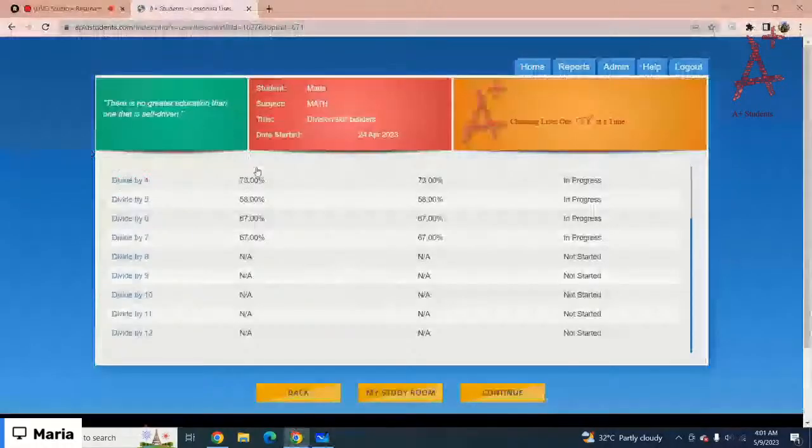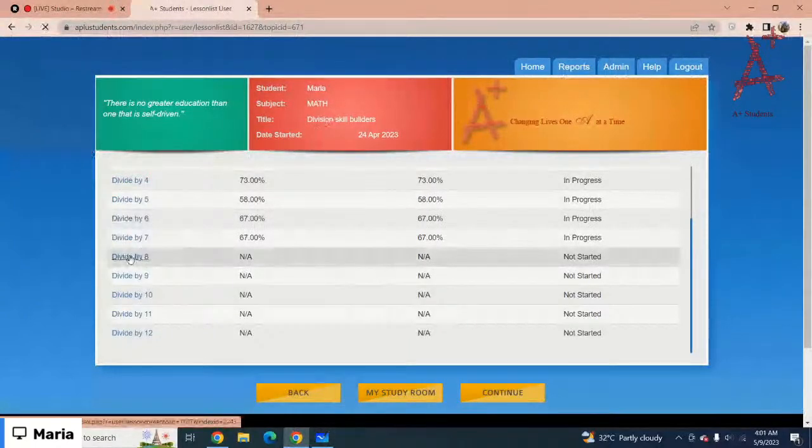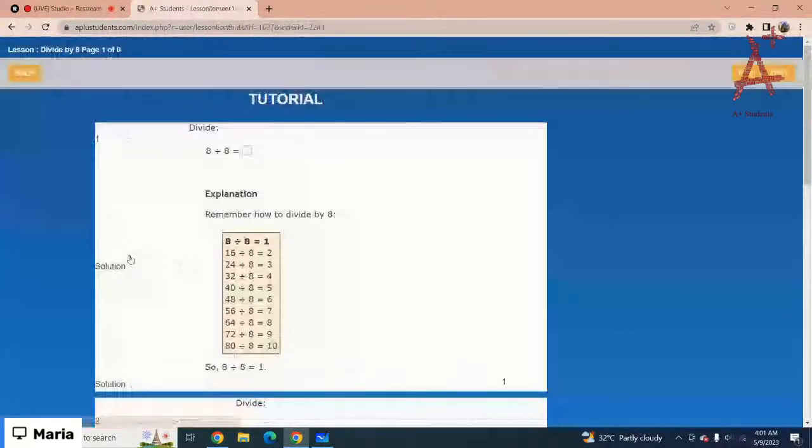Here I am on grade 3 math. The chapter is Division Skill Builders, and here is the lesson divide by 8. The first example is 8 divided by 8.